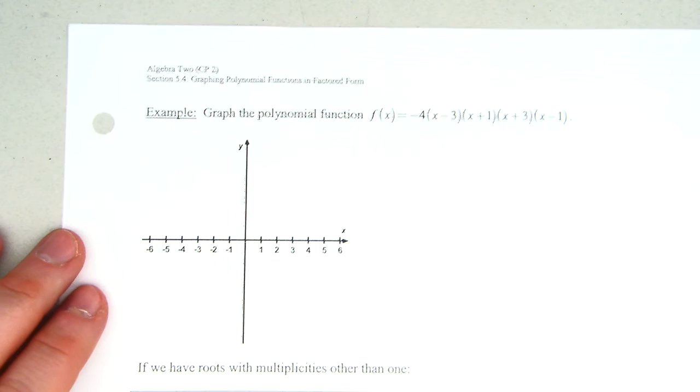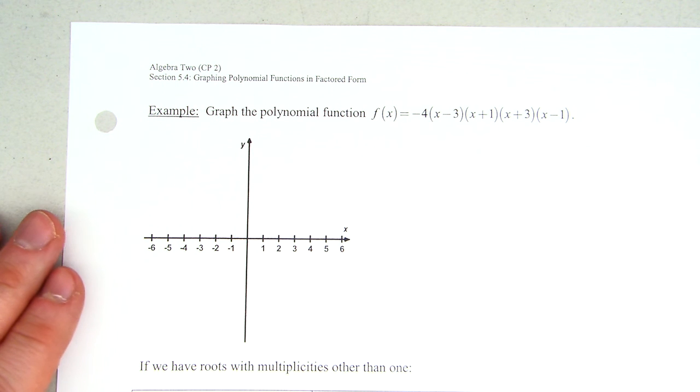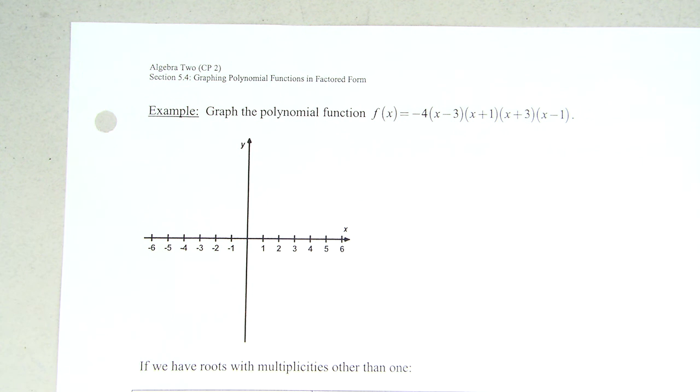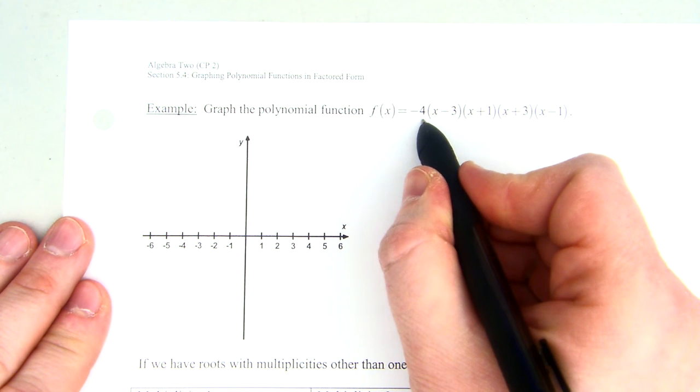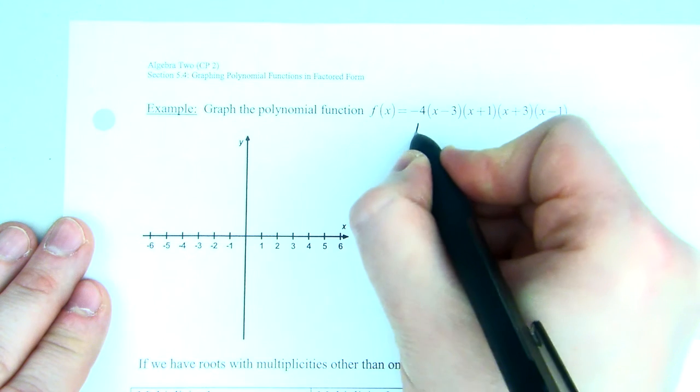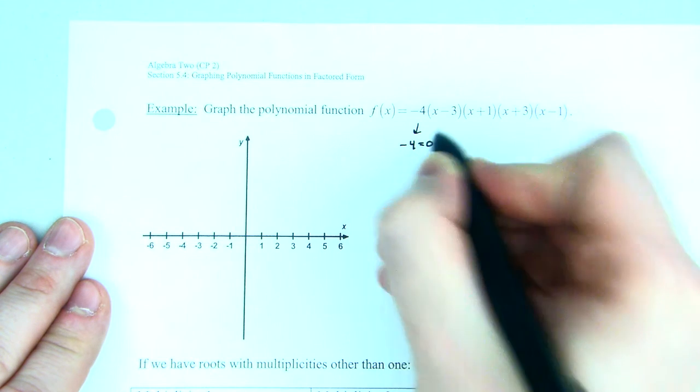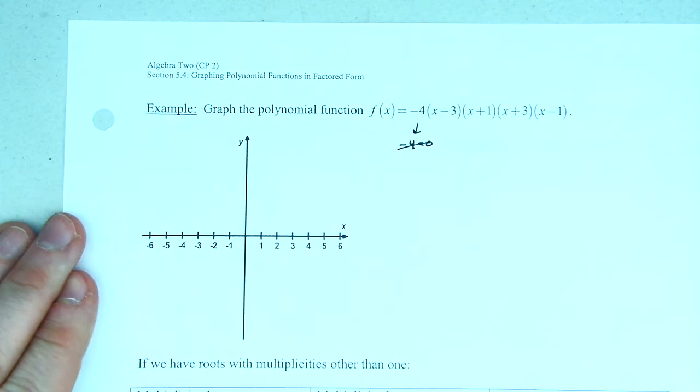Okay, so on the next page, we're going to take a look at this polynomial function. How about you take a moment, find and plot the roots. The -4 up front does not have an x with it. So you set -4 equal to 0, and you don't get anything. We're not going to get any roots from there.